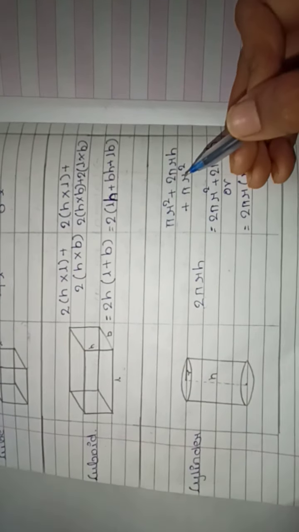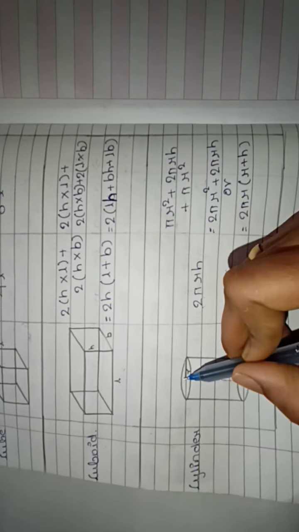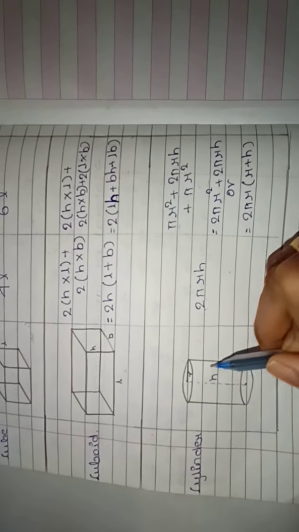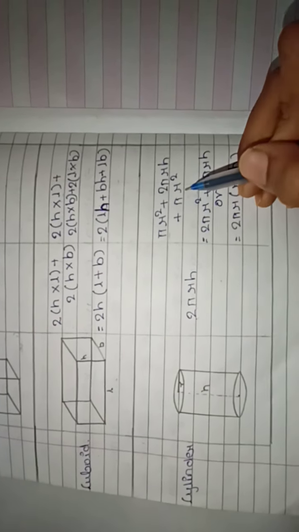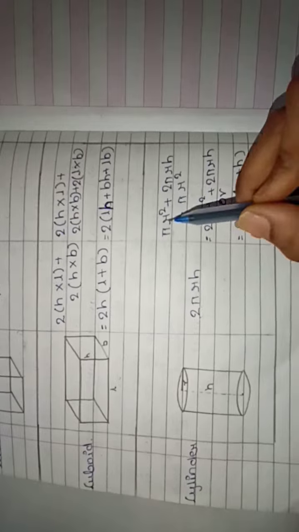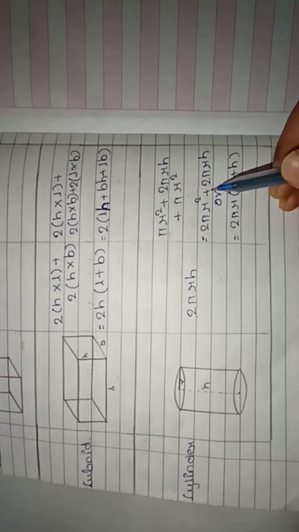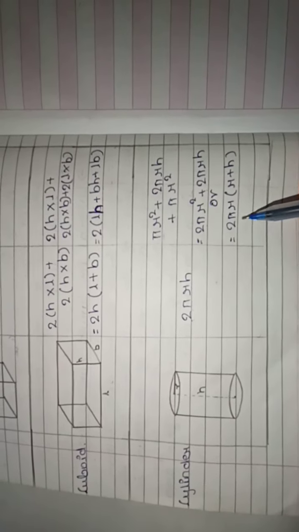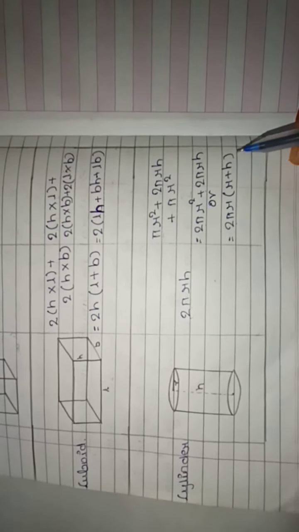What is the total surface area? The total will include the area of this circle and this circle. The area of one circle is πr², then the lateral surface area of this curved surface is 2πrh, plus the area of the bottom circle, πr². So there are 2πr², so 2πr² plus 2πrh. Here 2πr is common, so I have taken 2πr common: (r + h).